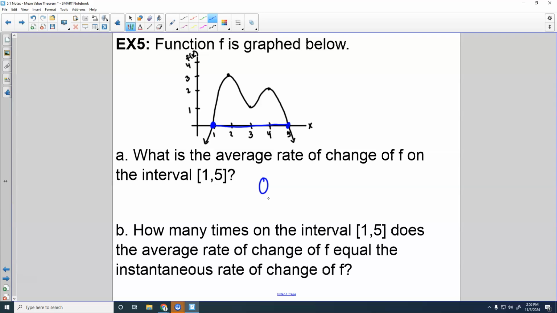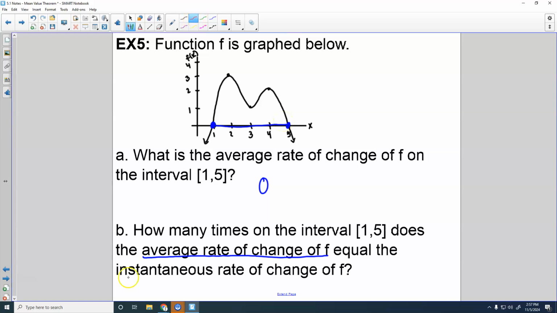Okay? Now, how many times on the interval from 1 to 5 does the average rate of change of f equal the instantaneous rate of change of f? Now, average rate of change of f is the slope of that blue line I drew in.